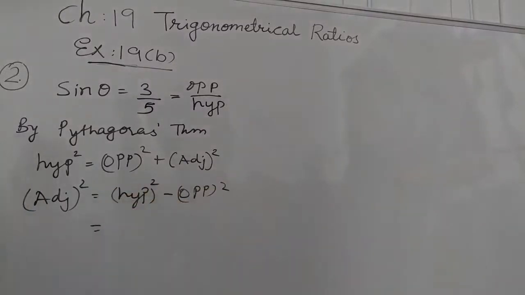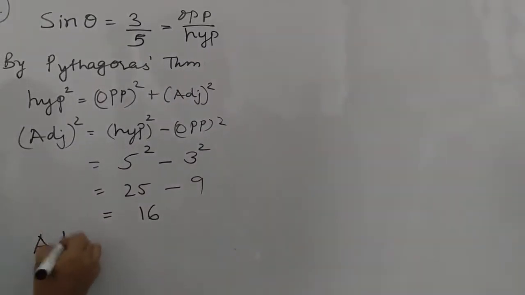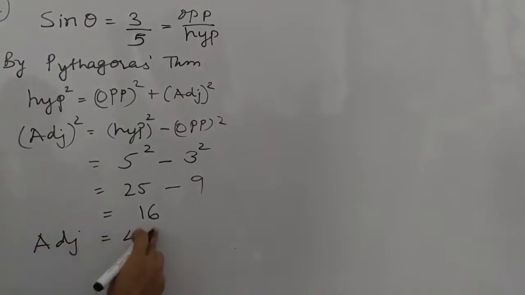What is the hypotenuse value here? 5. So I write 5 square minus opposite 3 square, that is 25 minus 9, which is 16. So we get our adjacent side by taking square root on both the sides: adjacent side is equal to 4.